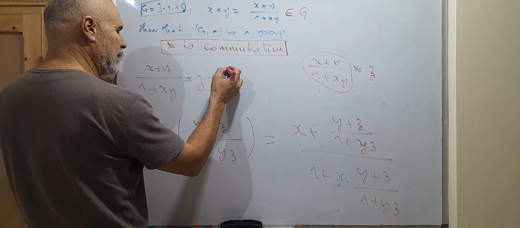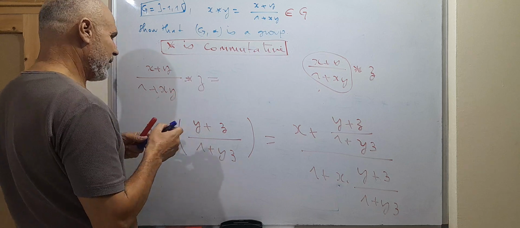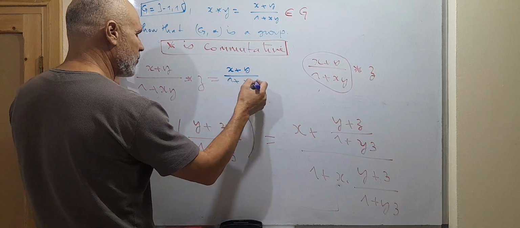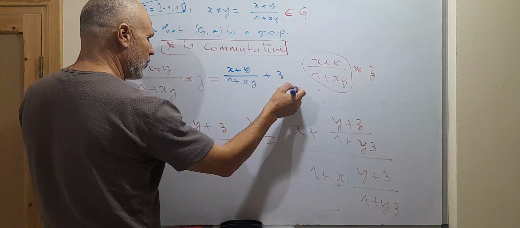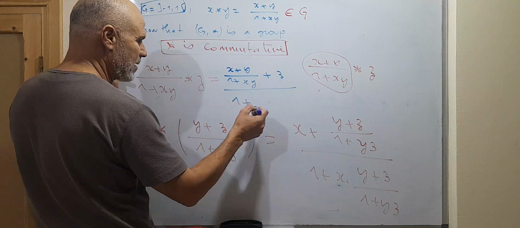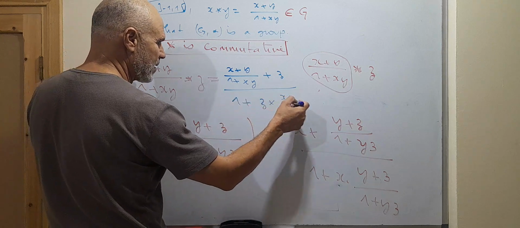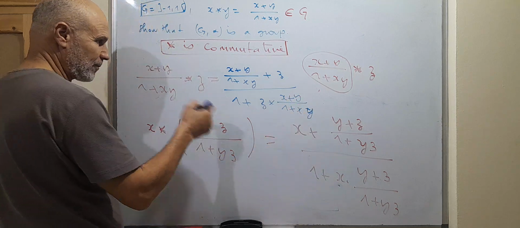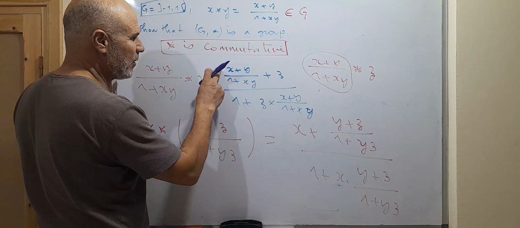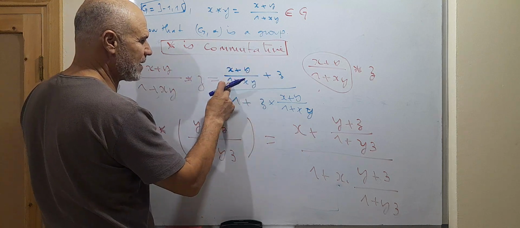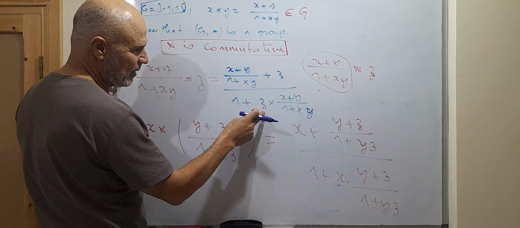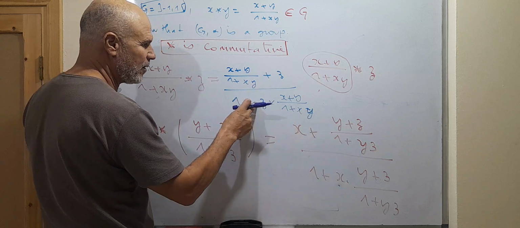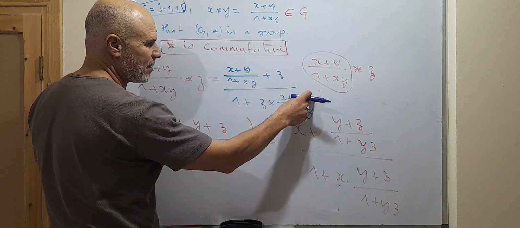This is equal to the new element plus z over 1 plus z times the new element, and this is equal to (x + y + z + xyz) over (1 + xy + zx + zy).